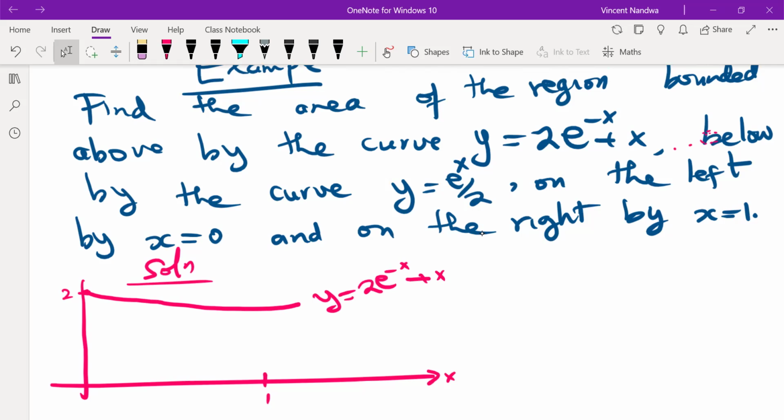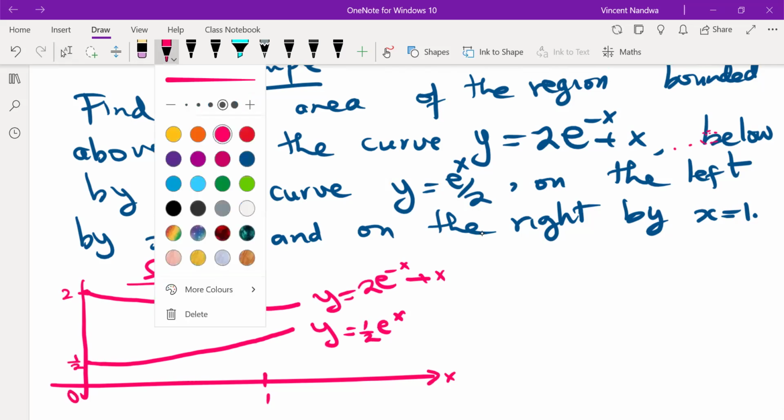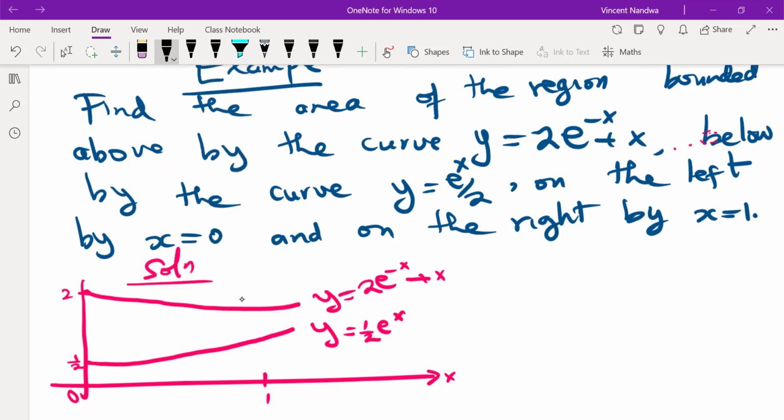And then we have this other curve, which is y equals a half e^x. So the value here is a half. So this is 0. And our interest is to find this area.